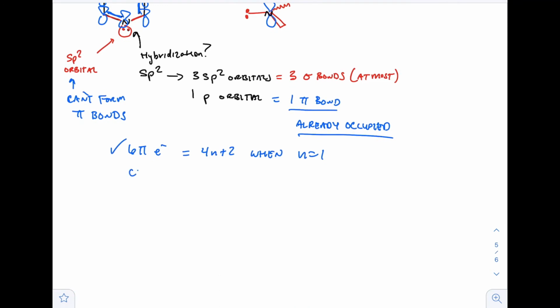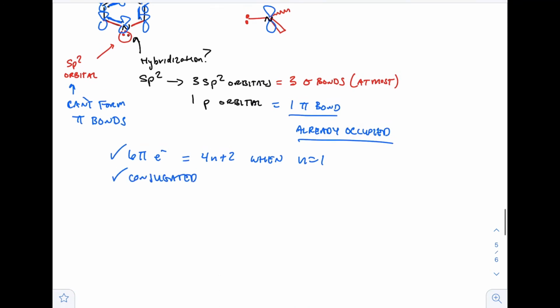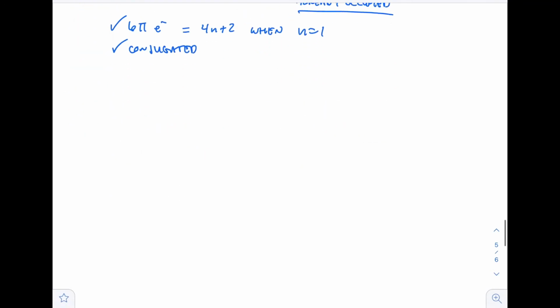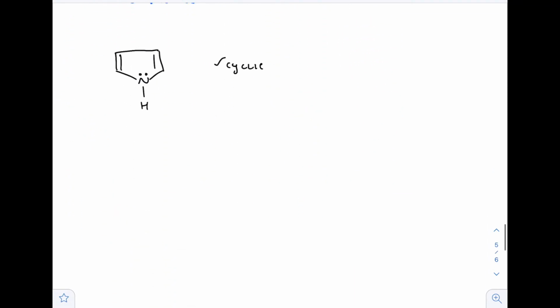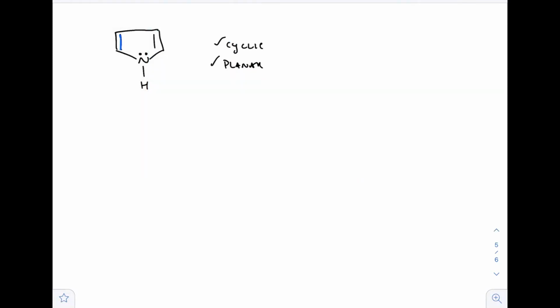Okay, so that means it has 6 pi electrons, and therefore it is also conjugated, it's planar, it's cyclic, and so it's aromatic. Okay, so let's take a look at pyrrole. So we already said that the lone pair can do resonance because we used that, and it's there, right? So it's adjacent to a p orbital, so why not? Okay, it is cyclic, it is planar, okay, and so there's the 2 pi electrons, 2 sets, right?